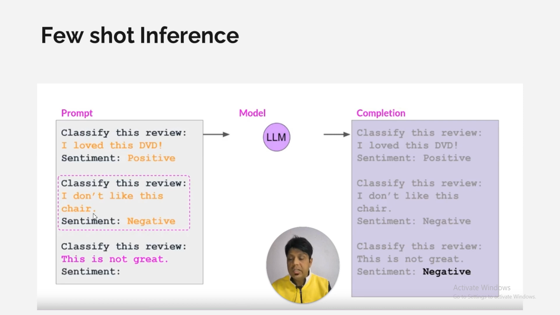Now classify this review, "I don't like this chair", the sentiment is negative. Now you are asking ChatGPT to classify this review, "This is not great", and you are asking the sentiment. Now ChatGPT can understand, and it can give you the answer that it's negative.